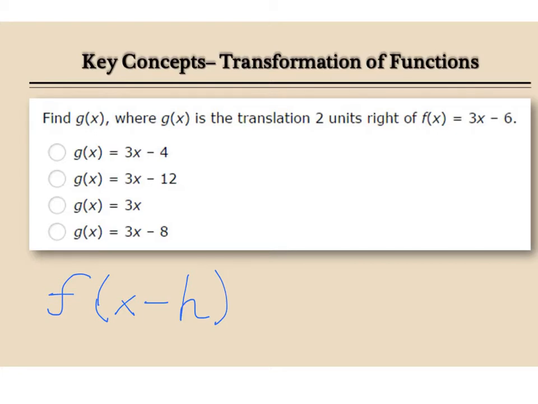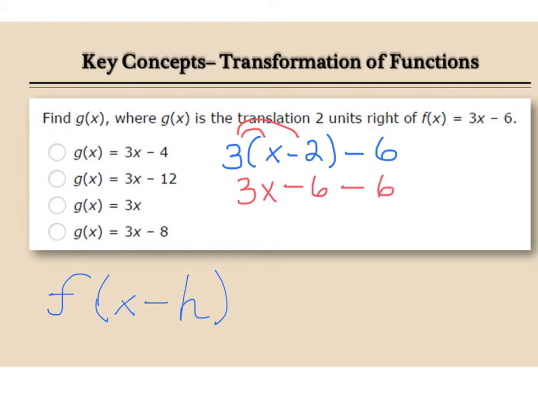So I replace my x with x minus 2 because I want to move it 2 units right. So I'm going to do 3 times x minus 2, and then I have the minus 6. I'm going to use the distributive property, and I have 3x. 3 times negative 2 is negative 6, minus 6.